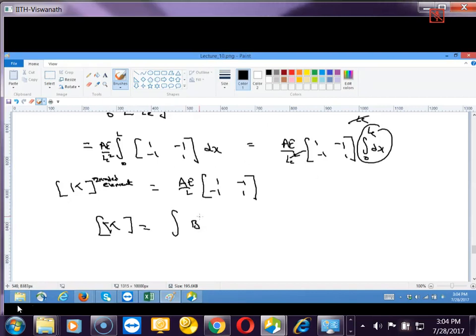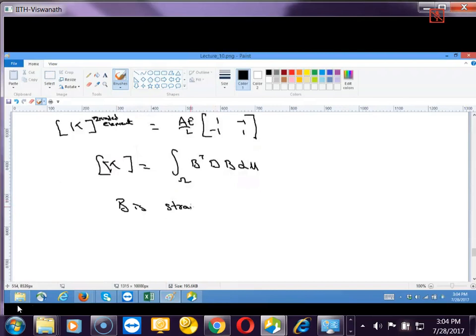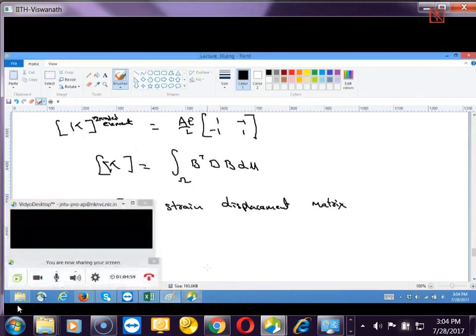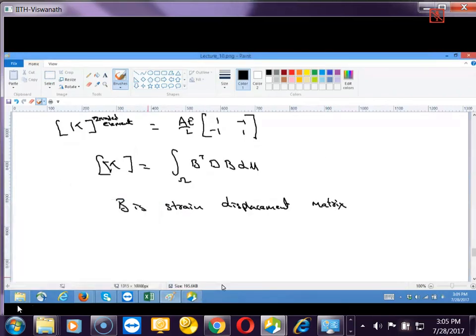So the easiest form to understand is the strain displacement matrix. The strain displacement matrix is defined as the relation between epsilon and u.